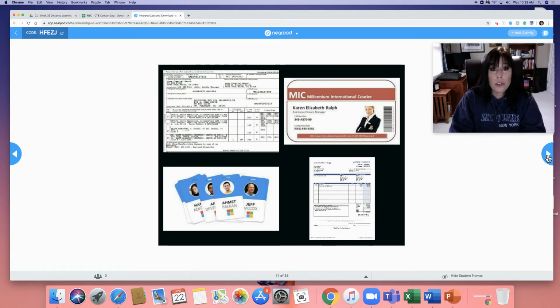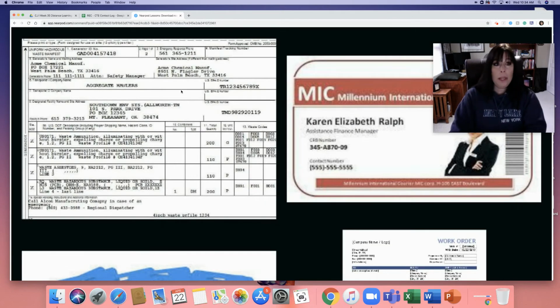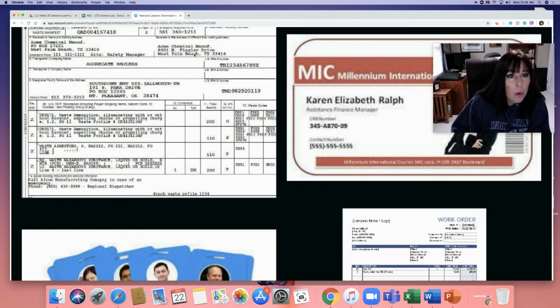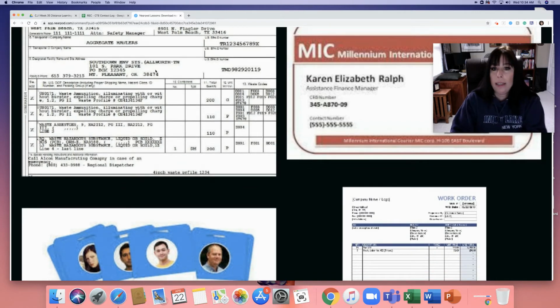And so here's just a picture of some of those documents. I know this one's probably hard to read. Oh, there we go. This looks like a delivery manifest, because we have a listing of products that's being delivered, who it's from, who it's to, who ordered it, that kind of thing.